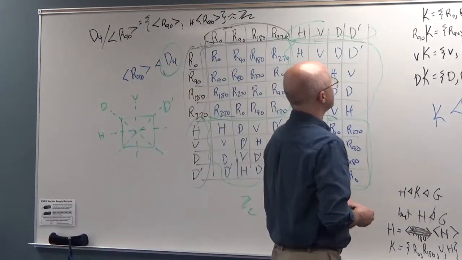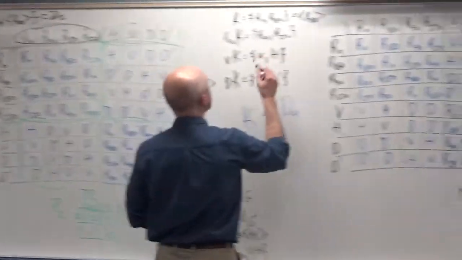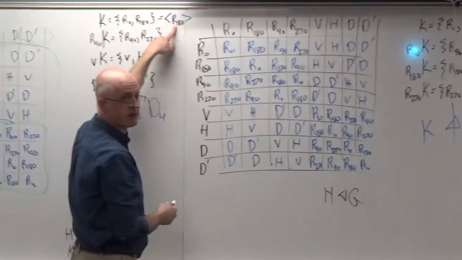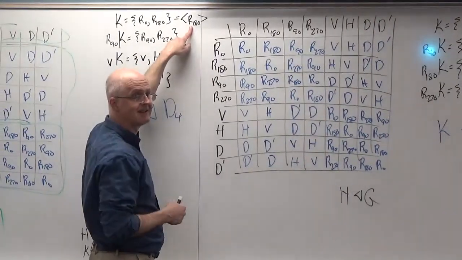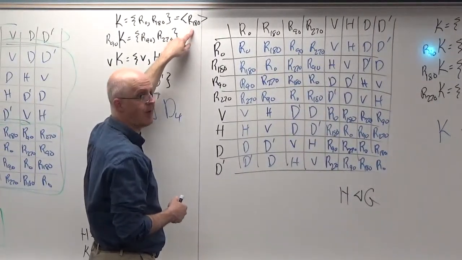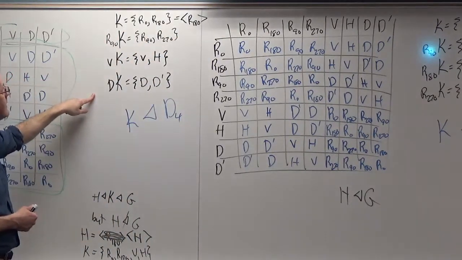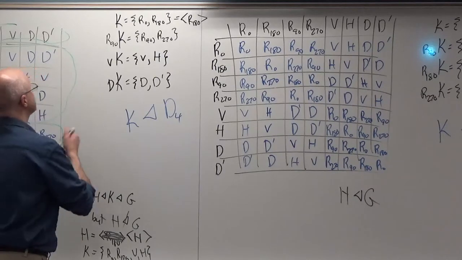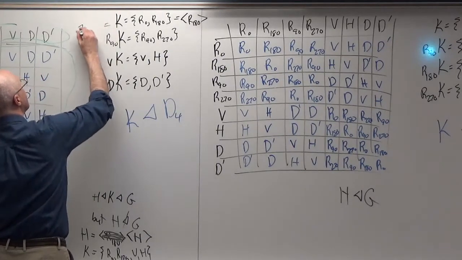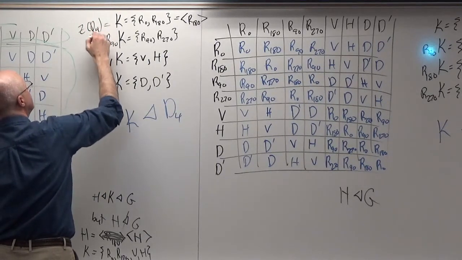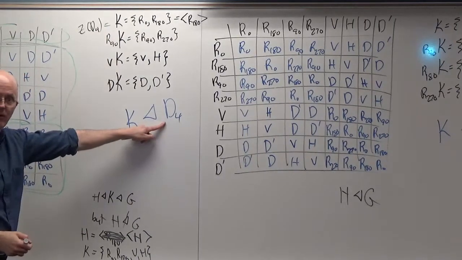How about another example? Here I'm taking K, the subgroup, to be the cyclic subgroup generated by R180 instead of R90. This has got order 2 now. Here are the distinct left cosets. This K being also the same as the center of D4 is normal in D4.